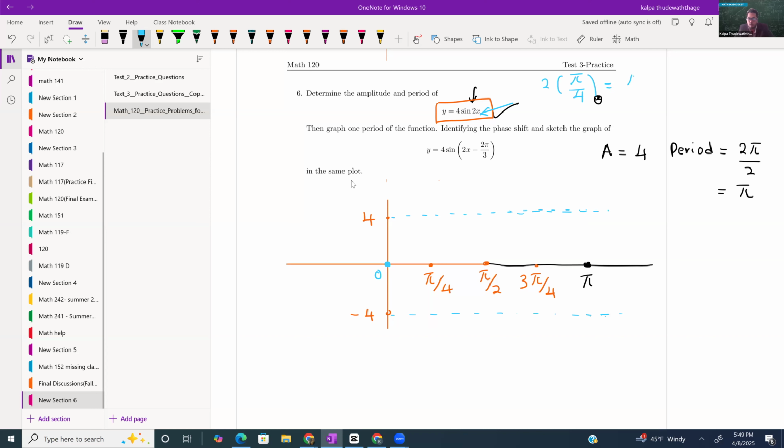So I know sine pi over 2 is 1. Because of the 4 here, it goes here. It's the same sine graph, reduced to 0 to pi. The normal sine graph is from 0 to 2 pi, but this time it's from 0 to pi because of the period change. Okay, here you go.